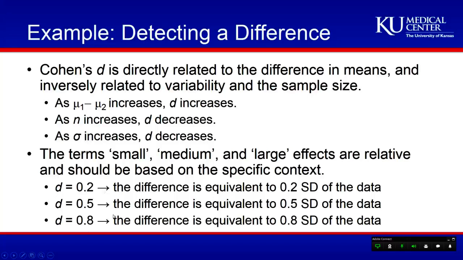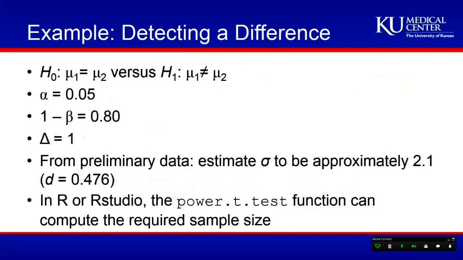You can see rules of thumb are very useful, but they also don't really give us more than somewhere to start, right? So this is only somewhere to start. And so we can use Cohen's d instead of specifying that there's a 10% difference and estimating sigma.